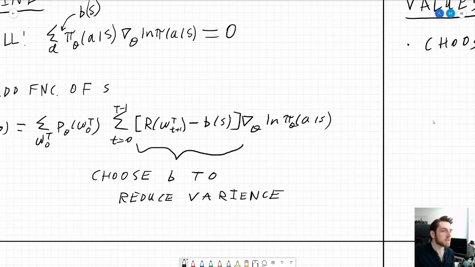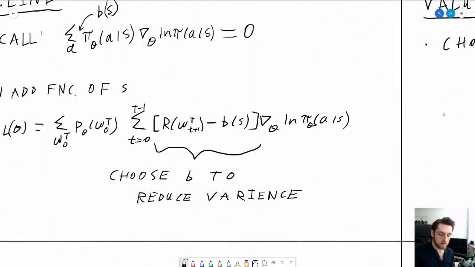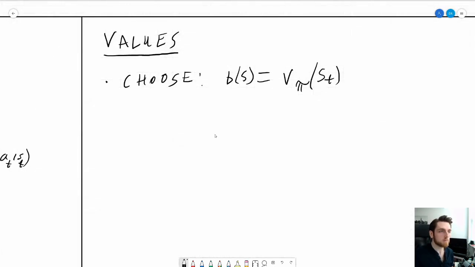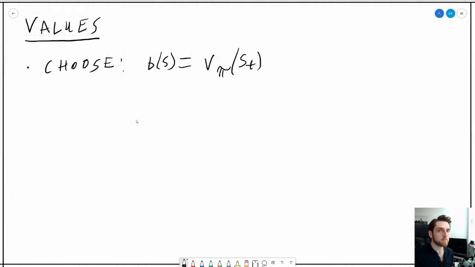And I just think there was a mistake over here. So these should have time indices. This should be T. The only issue with this is that we don't have these exact values, and in general, they're very complicated to calculate.